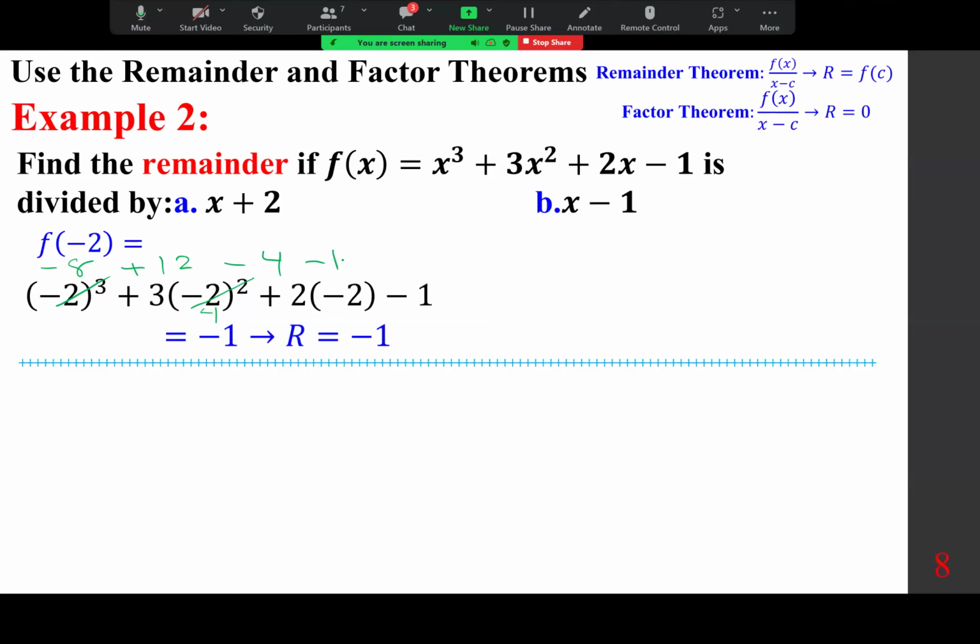We are going to look at the next one, x minus 1, and simply put, you want f of 1. And that's something, again, I want to make sure that we are comfortable with. F of 1.